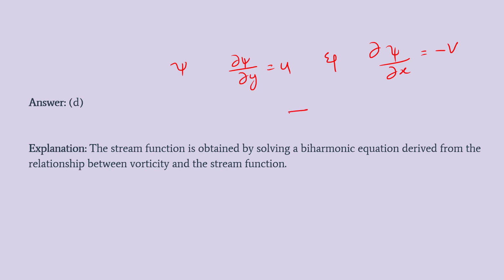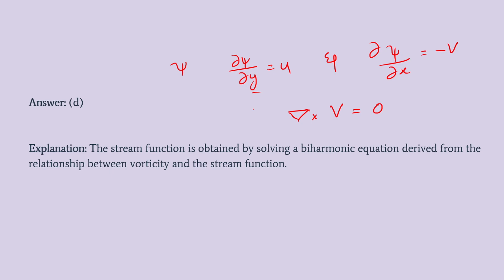Also, we have del cross v, that is the velocity vector itself, is equal to the vorticity. So these two sets of equations, this is the definition of vorticity, and this is the relation of psi with respect to u and v.